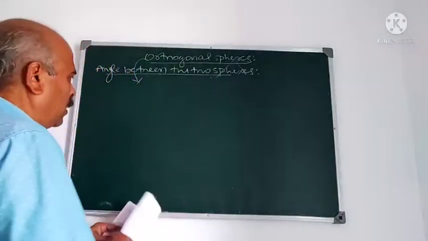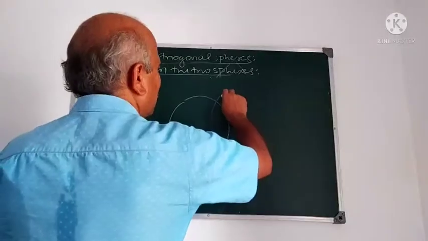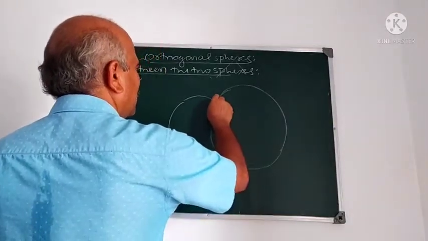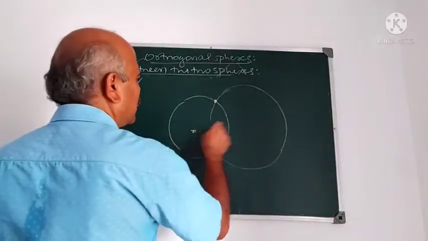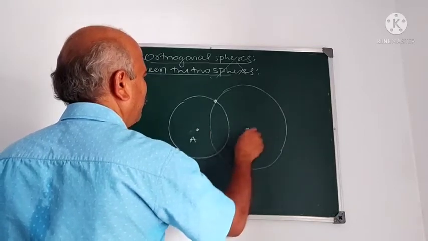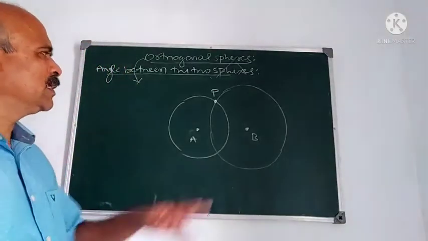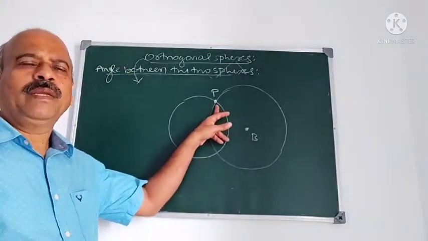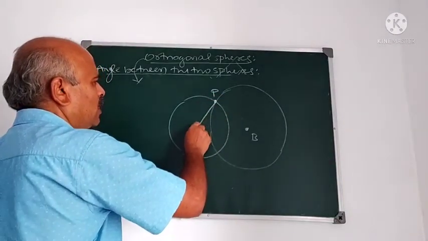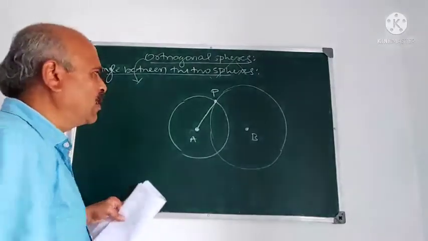Now, we know that, suppose two spheres intersect orthogonally, then this is one point of intersection. These are the radii. These are the centers. I take A, B, and P is one point of intersection. Suppose the two spheres intersect orthogonally at this point P. You know that the radius is always perpendicular to the tangent plane.